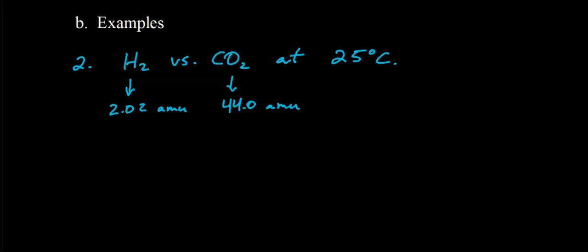Though they have the same kinetic energy, they have different masses. And because they have different masses, they will also have different velocities. So we'll see later on, we'll actually be able to calculate the velocity of these particles, and we'll see that there is quite the difference in velocity of those two gases.